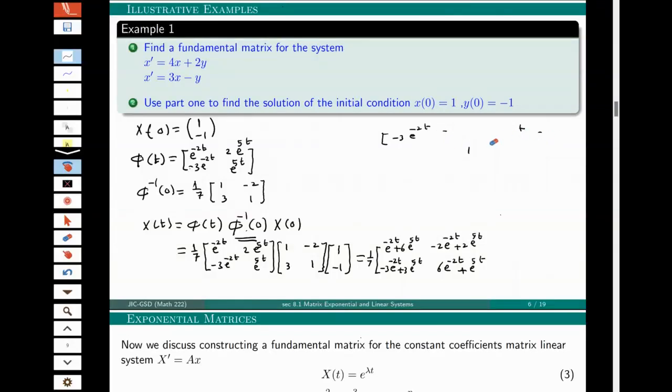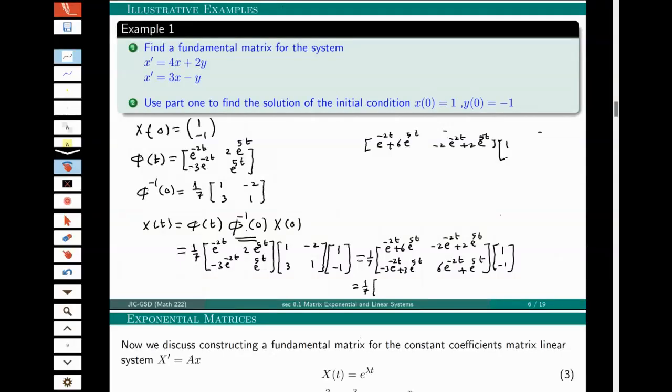Now we multiplied the two matrices. We need to multiply it now by the vector 1 and minus 1. So we get 1 over 7 times the first row, which is e raised to the power minus 2t plus 6 e to the power 5t, and the second entry, minus 2 e raised to the power minus 2t plus 2 e to the power 5t.